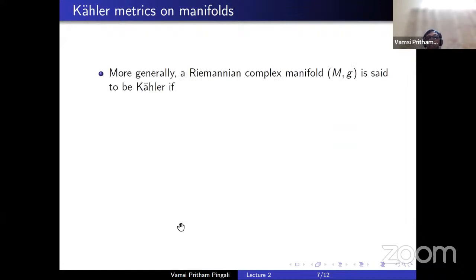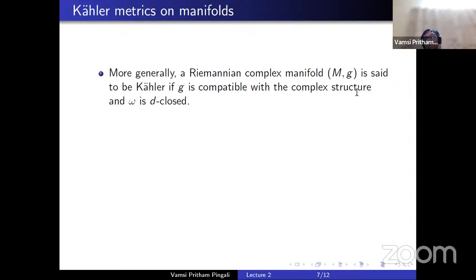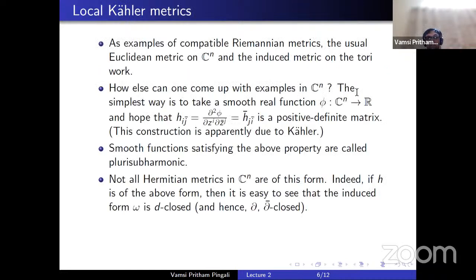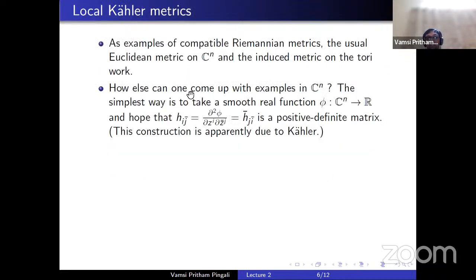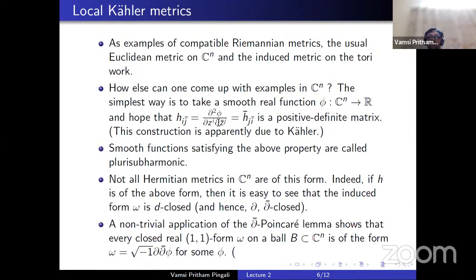So more generally, a Riemannian complex manifold (M, g) is said to be Kähler if this Riemannian metric is compatible with the complex structure, firstly, and secondly, the induced 2-form is d-closed. So for example, metrics that you get using this construction are, almost by definition, Kähler.